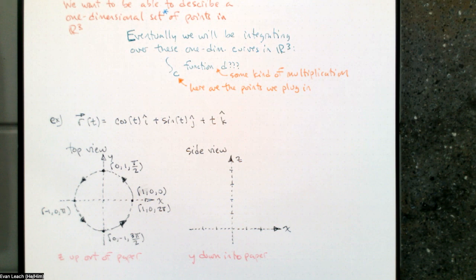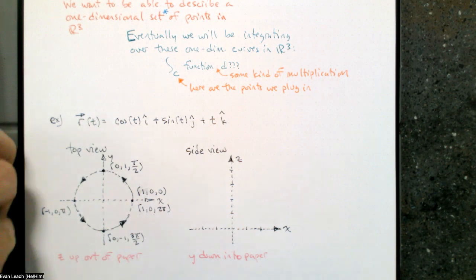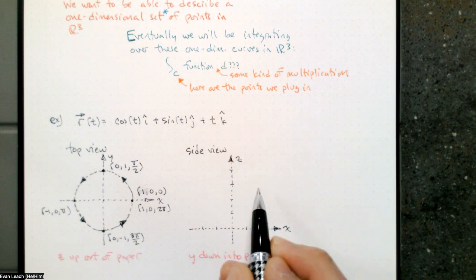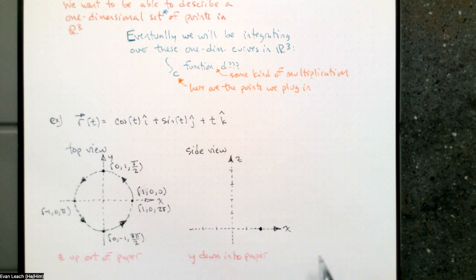So in xz, we're going to see a cosine curve, because that's what x is doing. And I want to plot the point 1, 0, 0. So I'll go 1 on the x, 0 on the y, and 0 on the z. So here's the point 1, 0, 0.